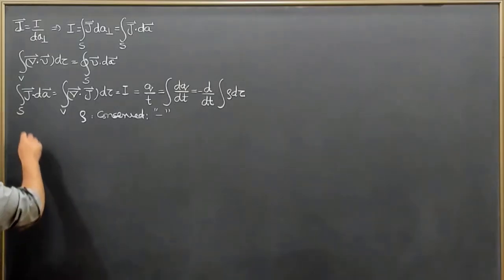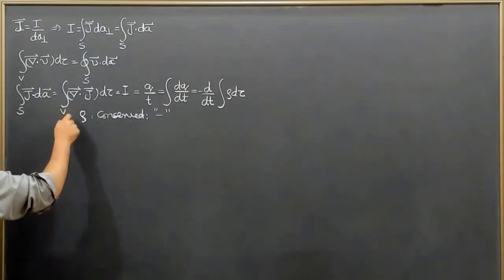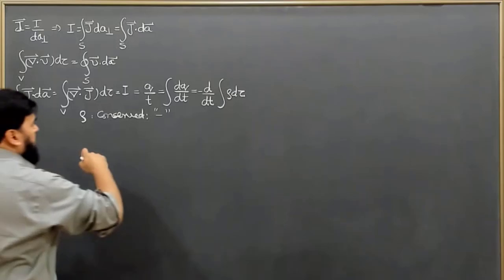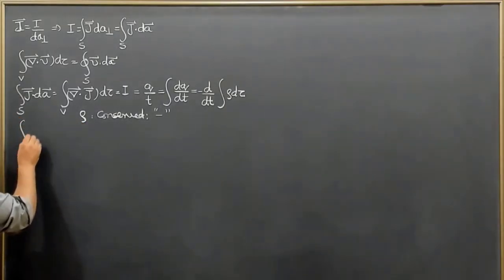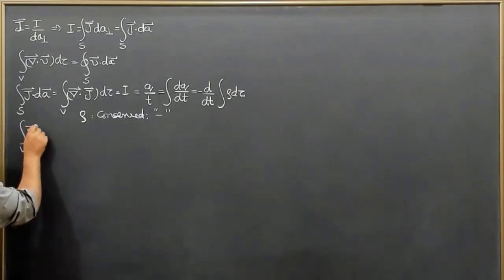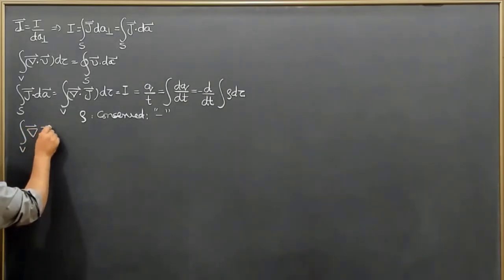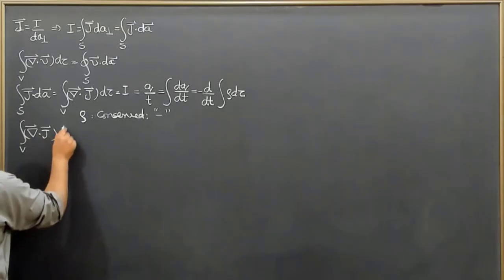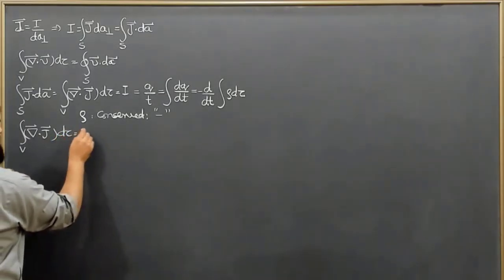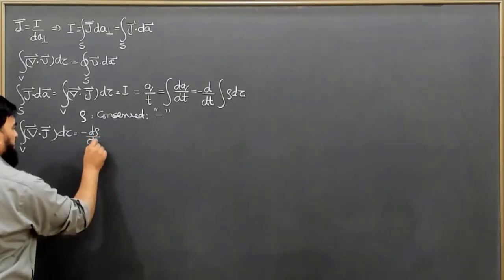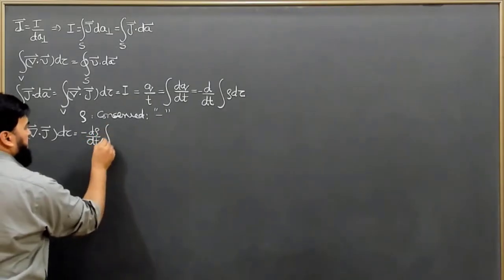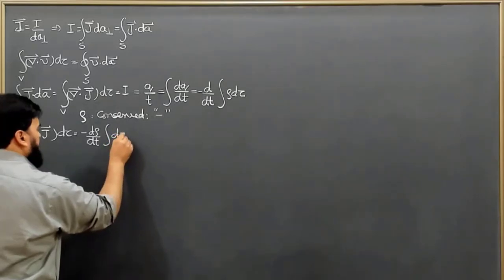So this is equal to this, and now the volume integral of the divergence of J dτ is equal to minus d rho over dt dτ.